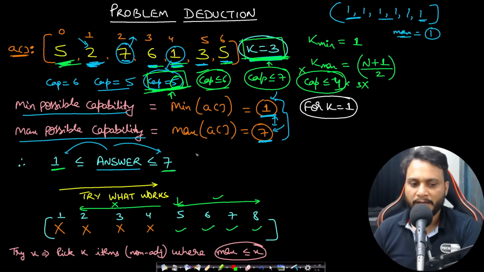So this problem can be said to be the problem of crosses and ticks, where from the beginning maybe 0 or more values may not work, but when a certain value has started working, everything after that will work.